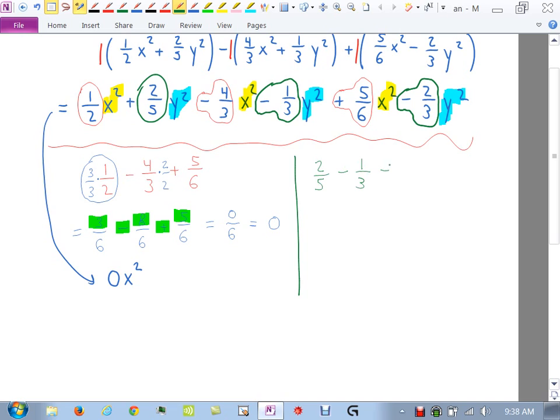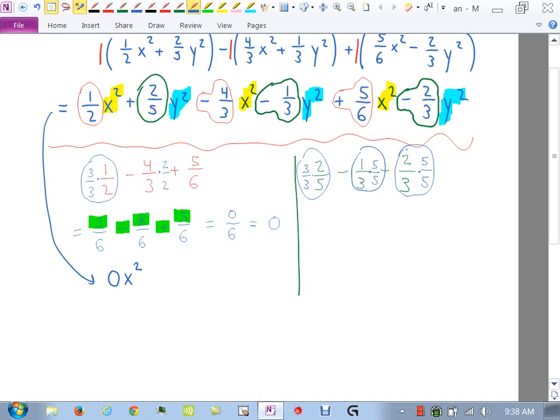I'm subtracting 2/3. I have to get a common denominator here, which would be what? 15. So I multiply top and bottom of the first fraction by 3. Second fraction, top and bottom by 5. Third fraction, top and bottom by 5. And then I multiply each of the ones I circled together to get my new fraction.